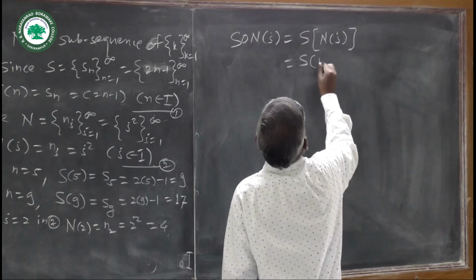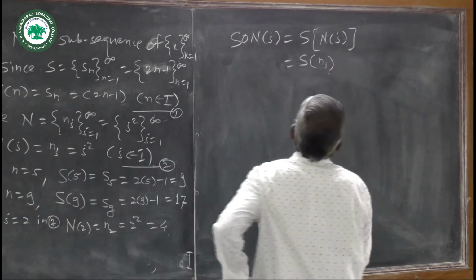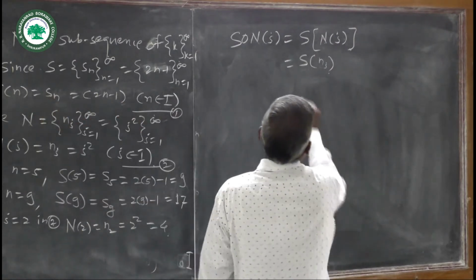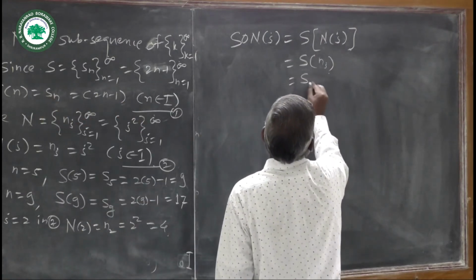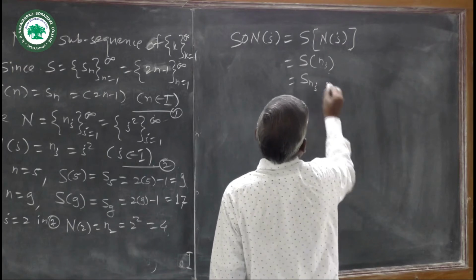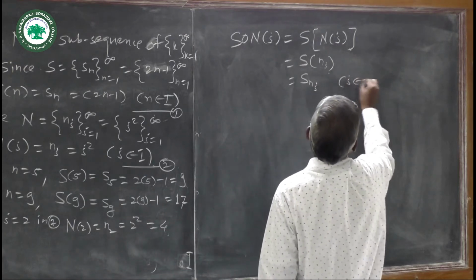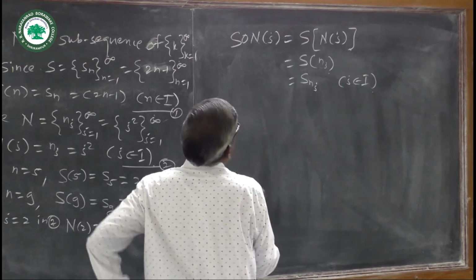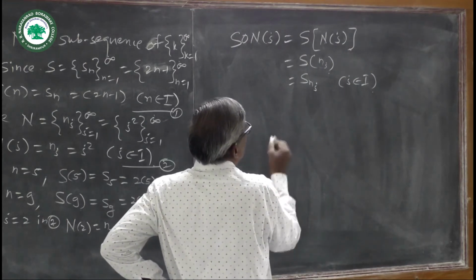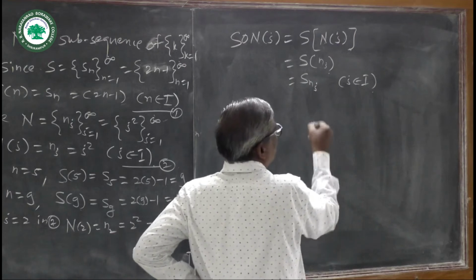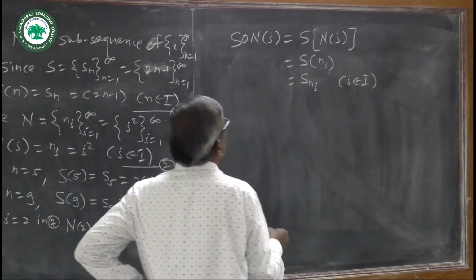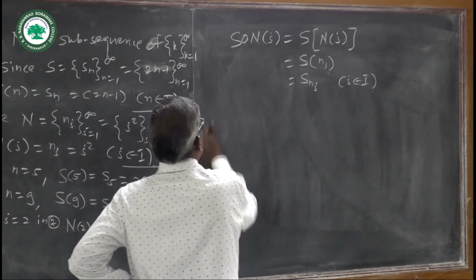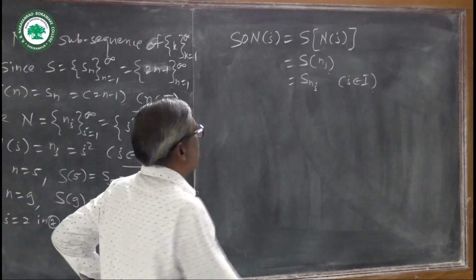S operates on n gives S_n, so this is equal to s_{n_i} for all i belongs to capital I. Therefore, S composition N is equal to s_{n_i}, i is equal to 1 to infinity, a subsequence of the sequence S_n, n is equal to 1 to infinity.